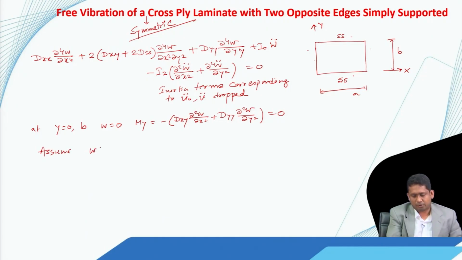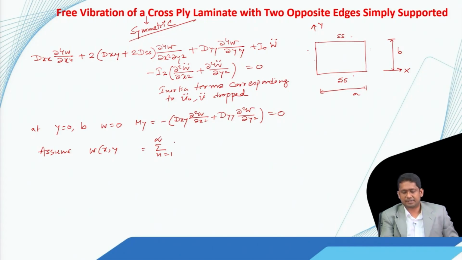So the assumption that we make is, if we follow what we did in the static analysis, we had w as a function of x, y, and the assumption was sum over n equal to 1 to infinity, and then along x it remains a function of x. We don't give it any form along y because of the boundary condition. We keep it sin n pi y by b. Now in static analysis, this w was a function of only x and y.